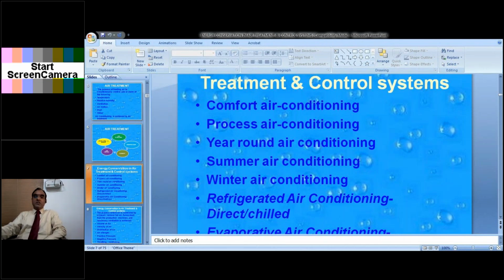Summer air conditioning means you want to maintain a particular temperature in summer, that is, you want to cool it. Winter air conditioning, you have extreme lower outside temperature, and you want to maintain a certain temperature. We also have refrigerated air conditioning, direct and chilled water air conditioning, and evaporative air conditioning, direct and indirect.